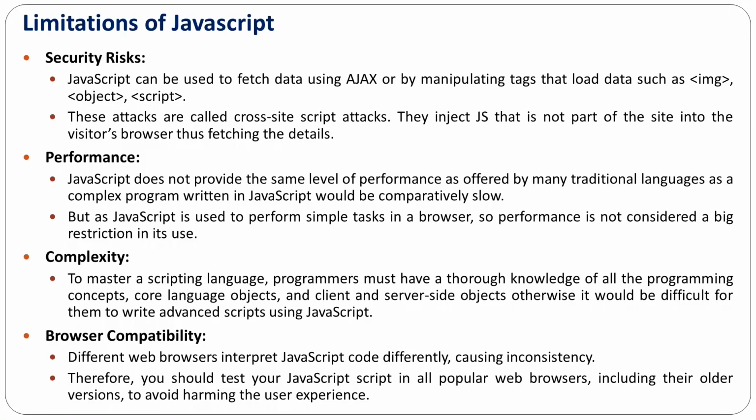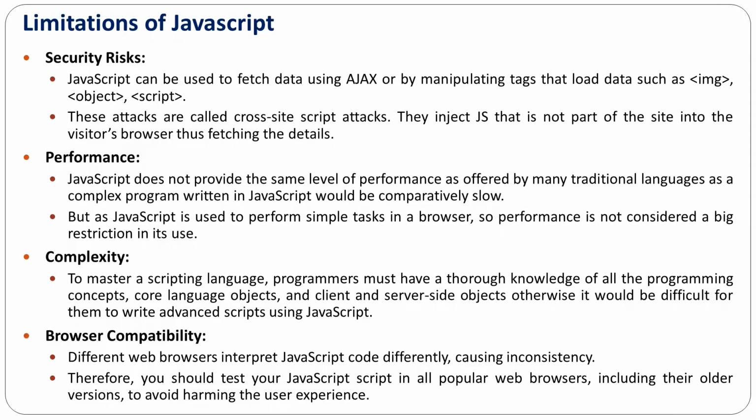They inject JS that is not part of the site into the visitor's browser, thus fetching the details. JavaScript also suffers from performance degradation as it is an interpreted language, so it takes time to interpret the whole page and load it into the browser.